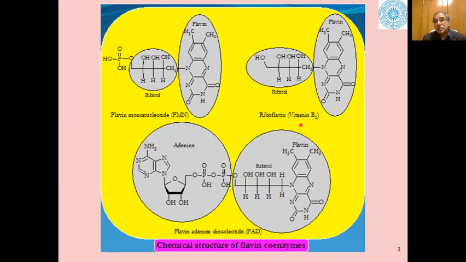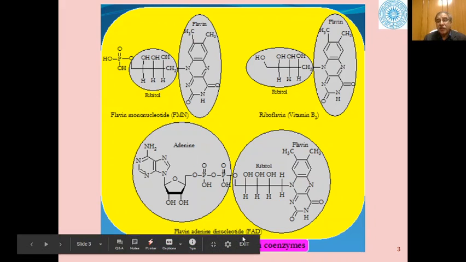Similarly, this is a part of riboflavin vitamin B2. So if we attach a phosphate group to vitamin B2 riboflavin, then this is converted into FMN.